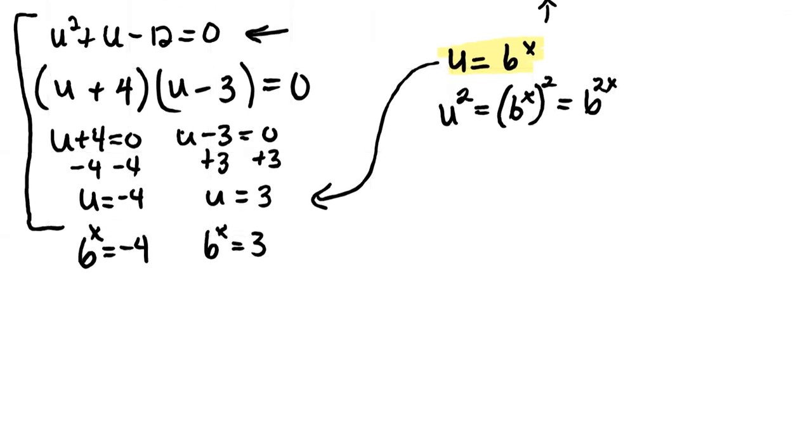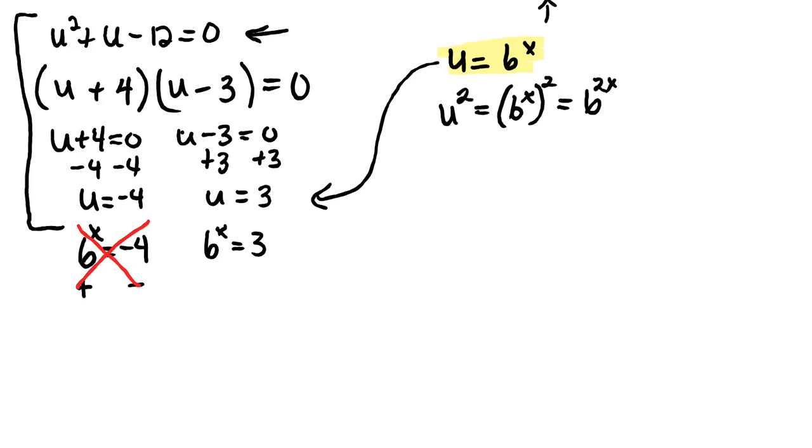Now the exponential equation 6^x equals negative 4 is something that doesn't make sense because you have a positive value raised to a power equal to a negative value, and that can't happen. So we're not going to get any solutions from that equation there.